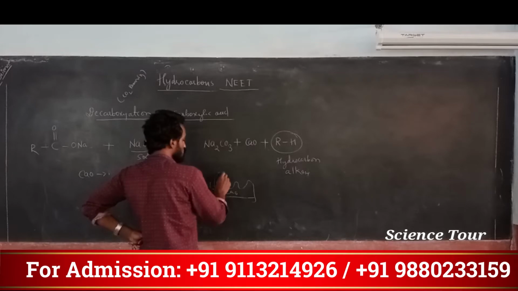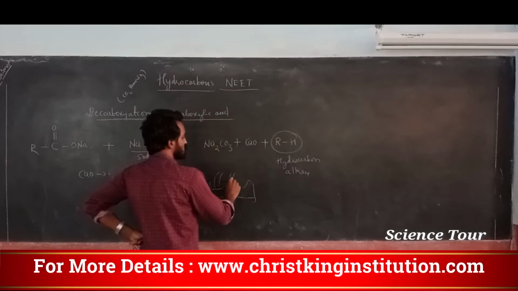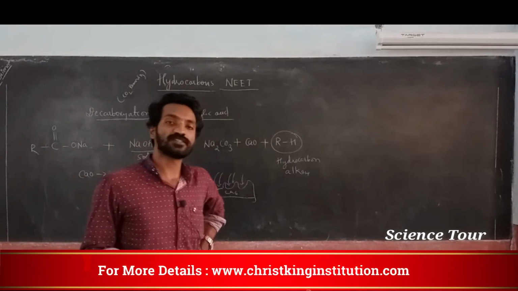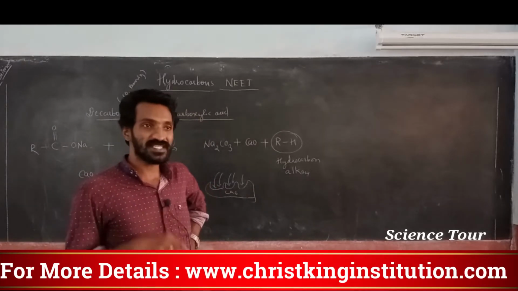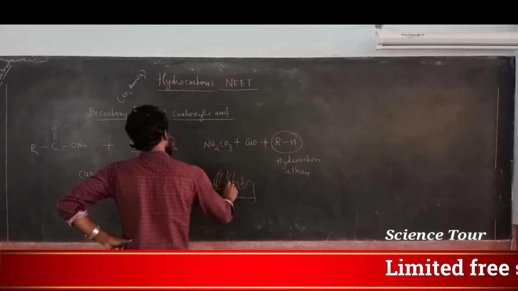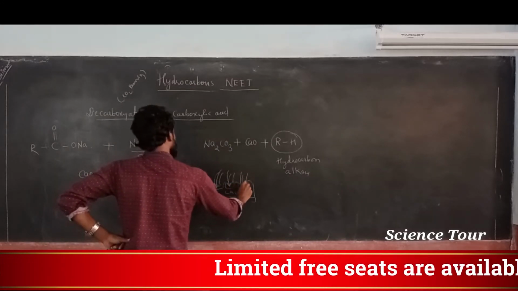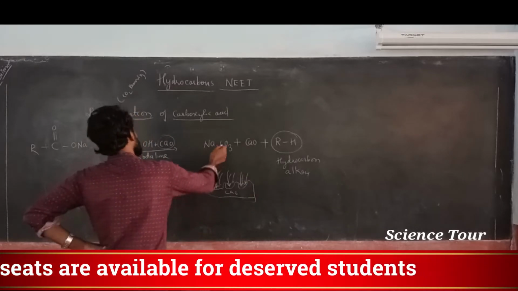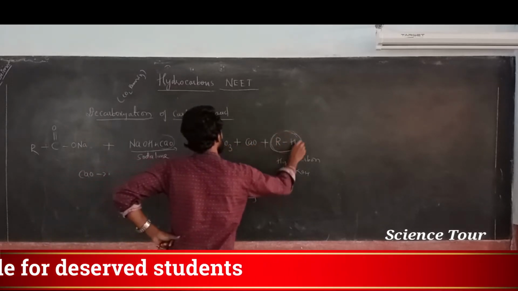So it gives more surface area for reaction. The more porous, the more surface area for the reaction. So carbon dioxide gets absorbed into it more easily. So the reaction becomes faster and it gives sodium carbonate, calcium oxide and hydrocarbon.